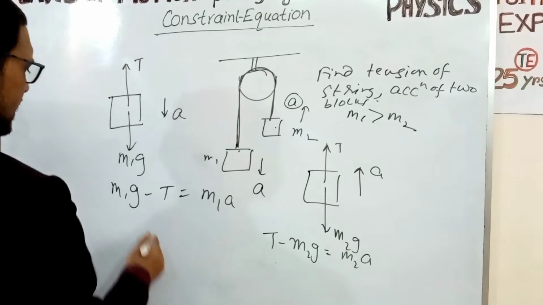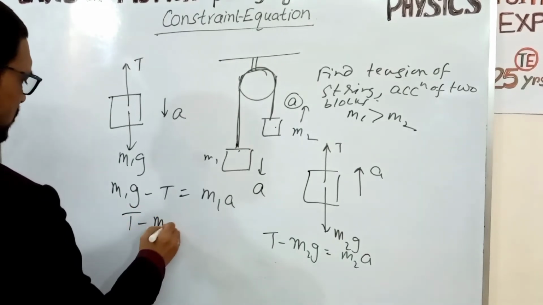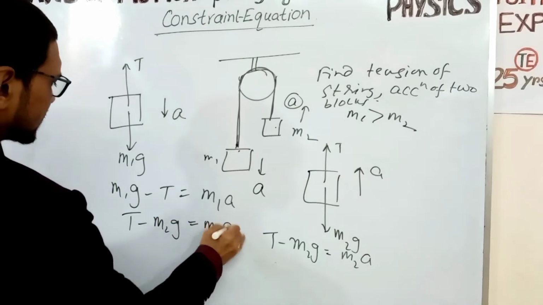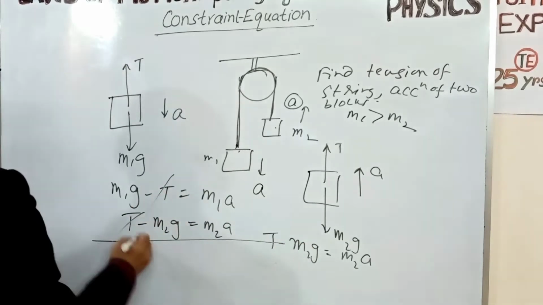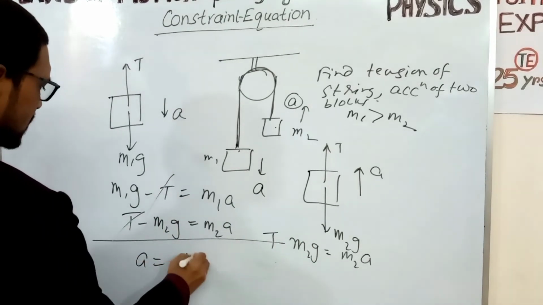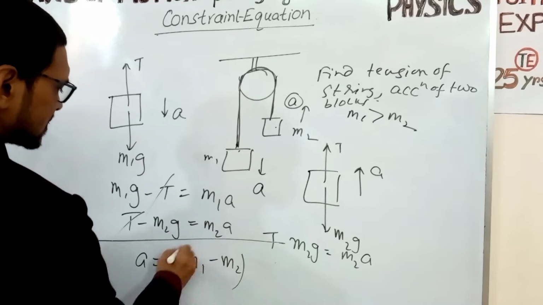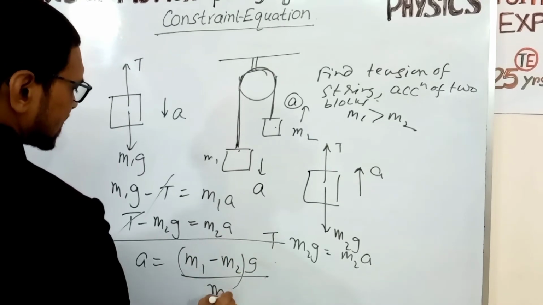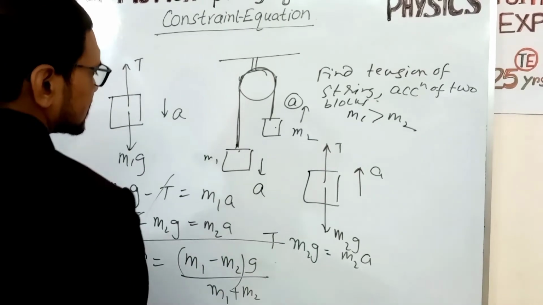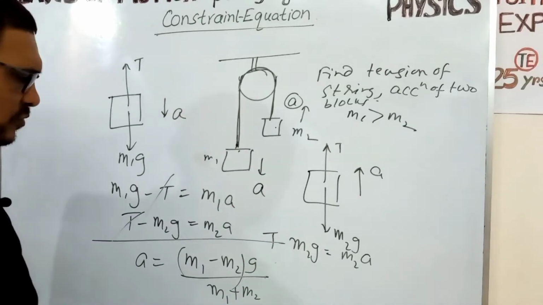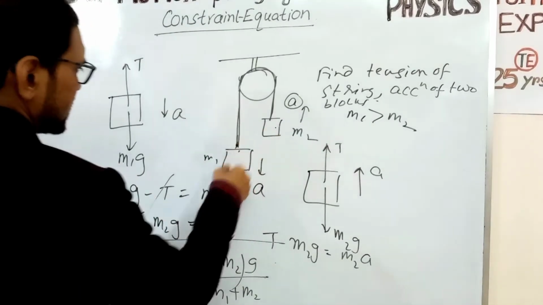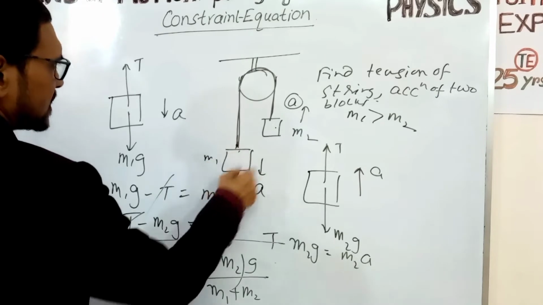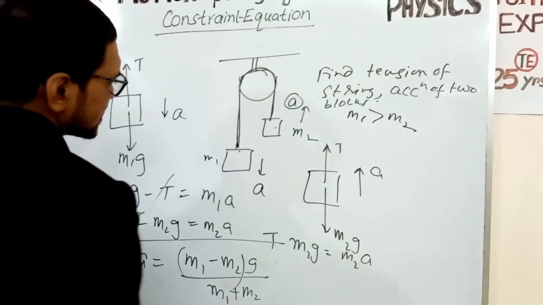Now add the two equations; T and minus T cancel each other. So a equals (m1 minus m2)g by (m1 plus m2). If this block moves downward, then the other block moves upward with the same acceleration a.